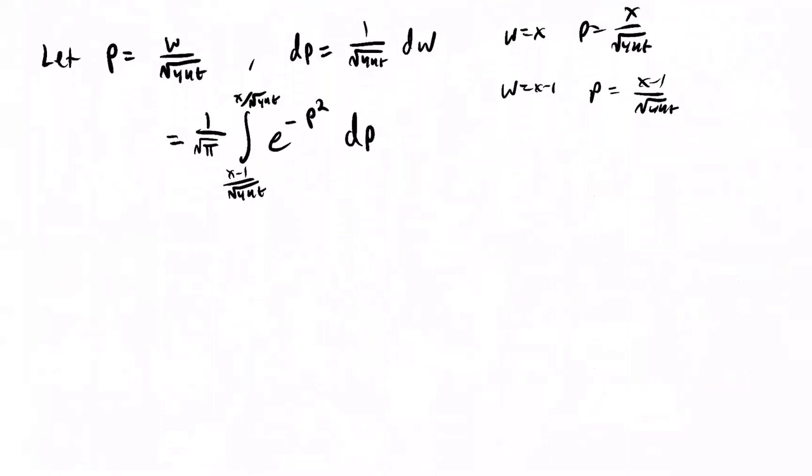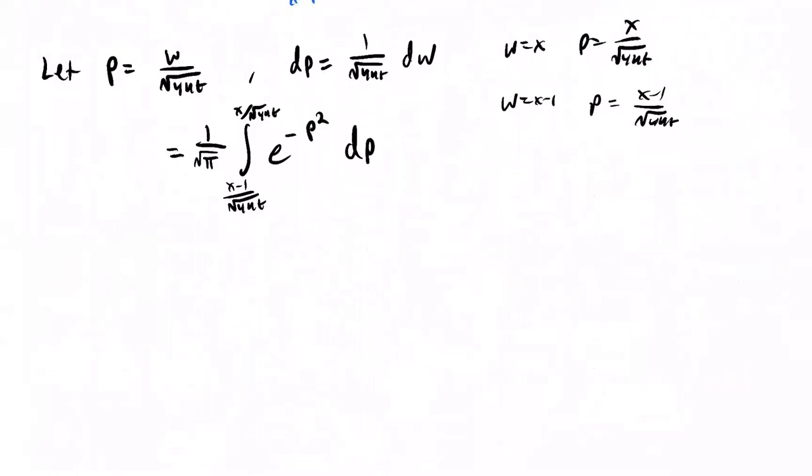Right. And so for this to work, we want to make sure that 0 is actually in between (x minus 1) over square root of 4kt and x over square root of 4kt.